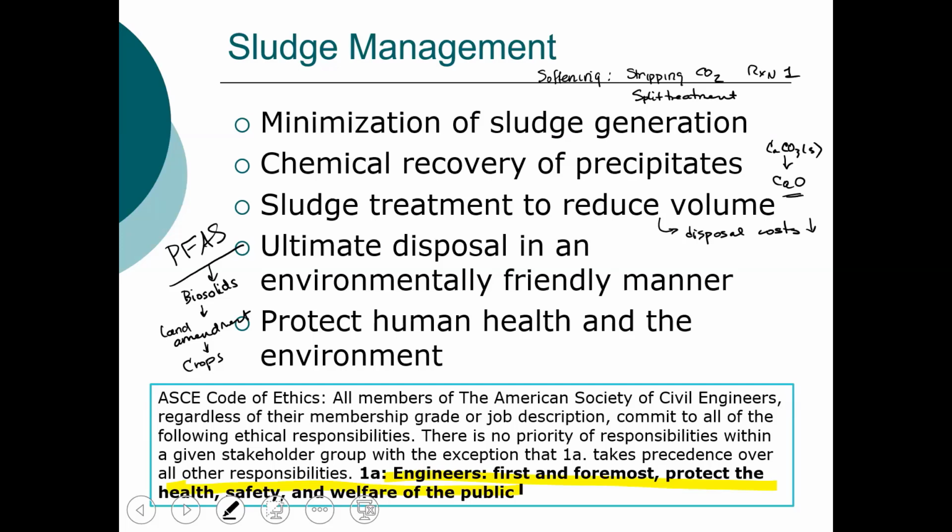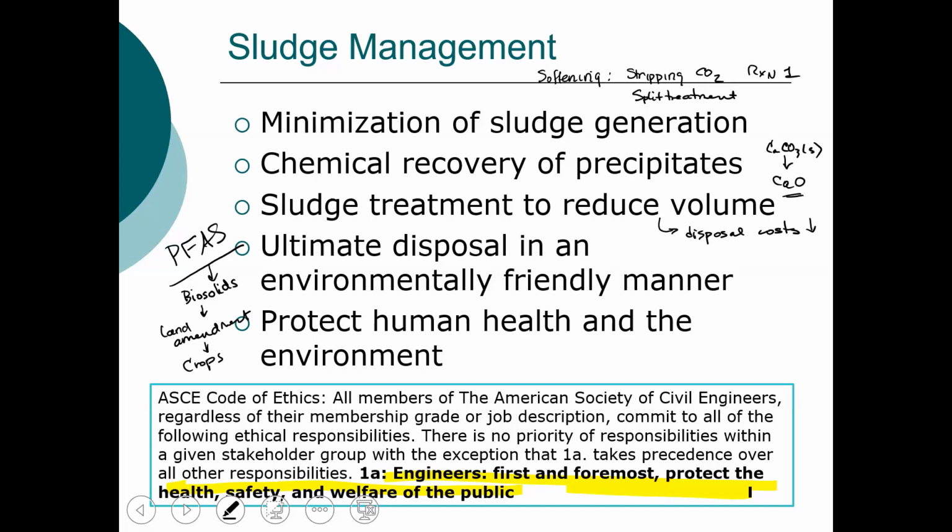That has not changed. It's changed the way that they no longer talk about canons. They talk about stakeholder group responsibilities. But always remember, okay, protection of the health, safety, and welfare of the public. That's another thing I'm asking you to address in your mini design 3.